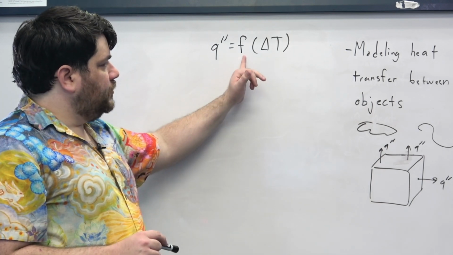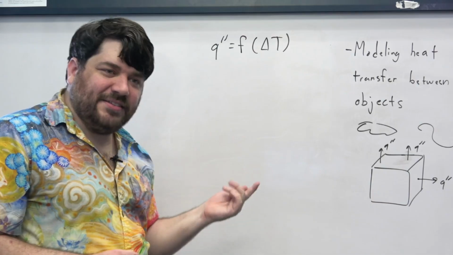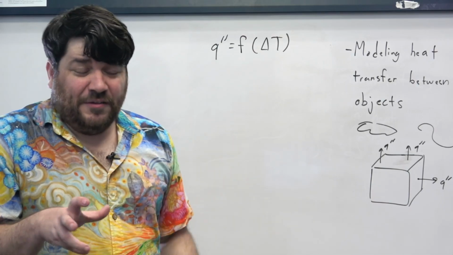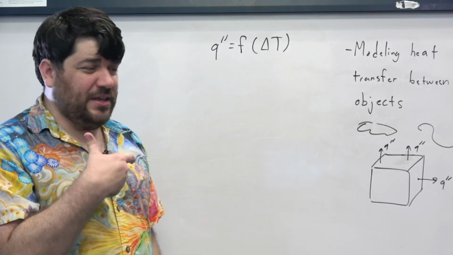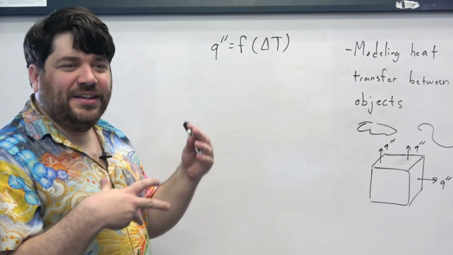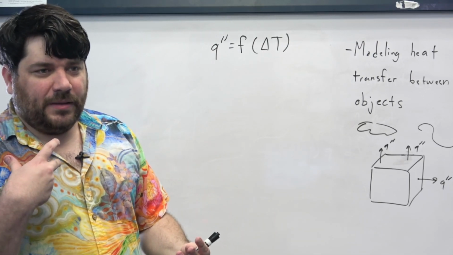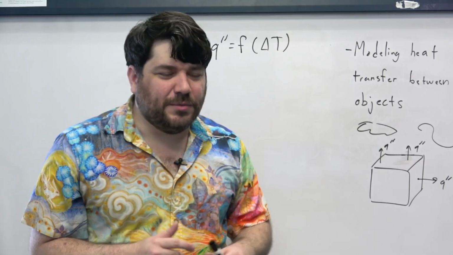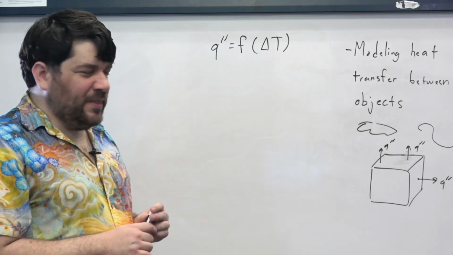Okay? From experiment, and in fact, from the very postulates that we use to describe what we think heat transfer is, right? The idea that temperature differences cause heat to move between objects.